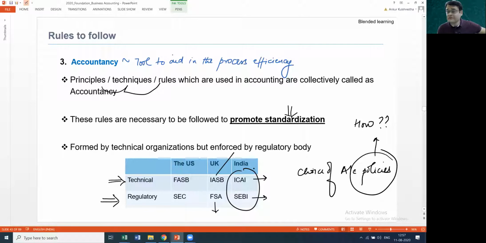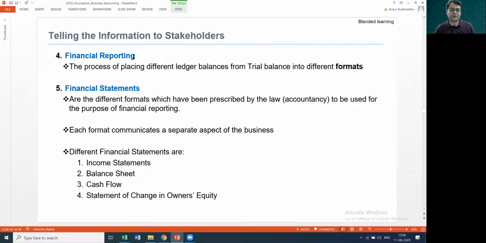For private companies which are not listed, where SEBI doesn't have any power, we have the Ministry of Corporate Affairs. So that's how the combination of regulatory and technical bodies come together, and these are the rules which sometimes bore or bother a non-commerce student, but they are very logical. And in my course, with you, we are going to handle them in a relatively commonsensical approach.